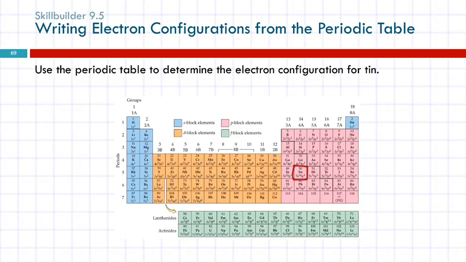If we're going to write the full electron configuration, we're going to start here at the top. This is 1, and the blue ones are the S. So we've got 1s2. And then we come here, and what does this represent? 2s2.